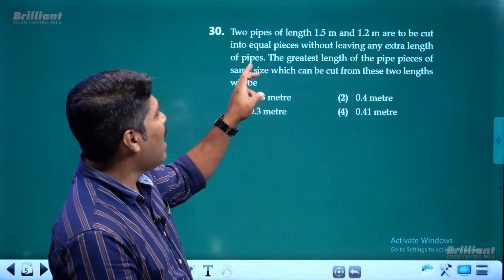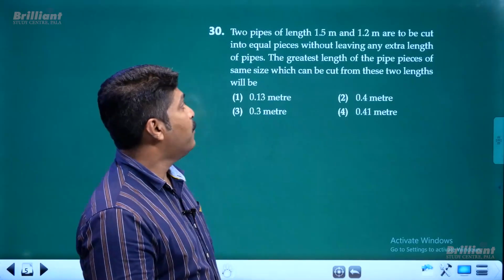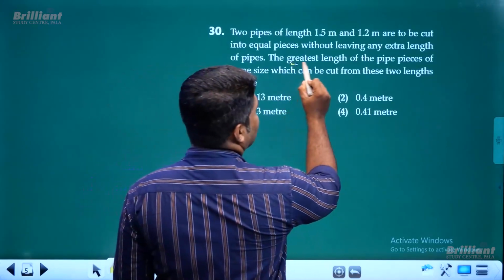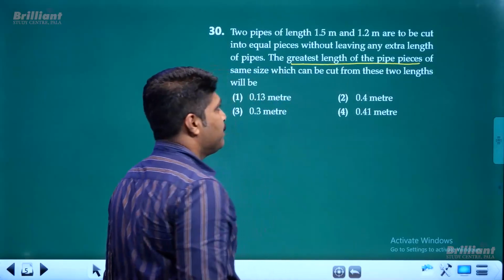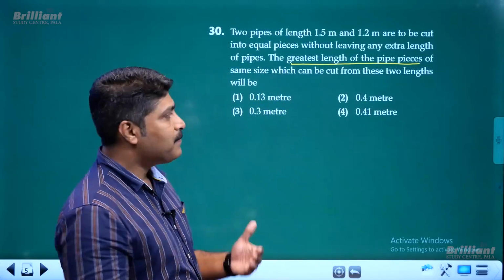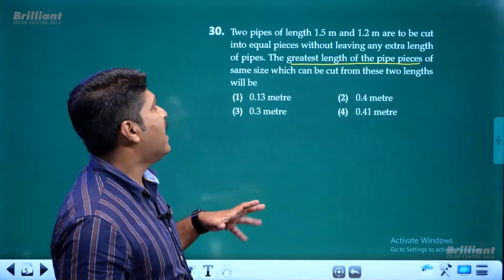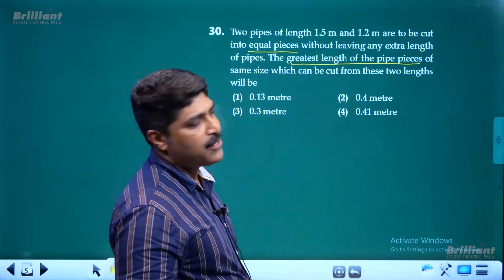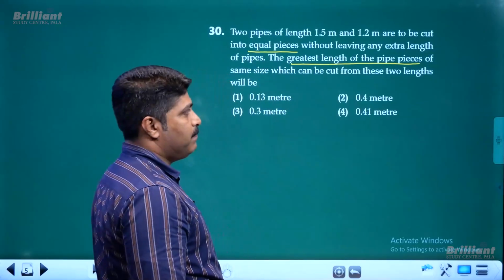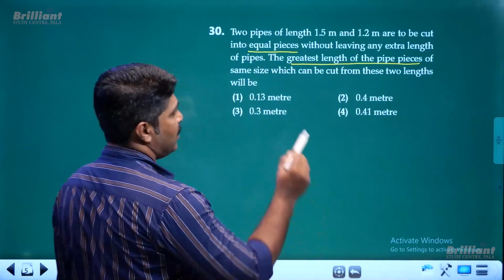So here we have 2 lengths, 1.5 meter and 1.2 meter. So we have to find the greatest length of such pipe pieces. That is nothing but the greatest common factor, because it is given that it is cut into equal pieces without leaving any extra length of pipes. Therefore, here we are going to find the greatest length of such pipe.